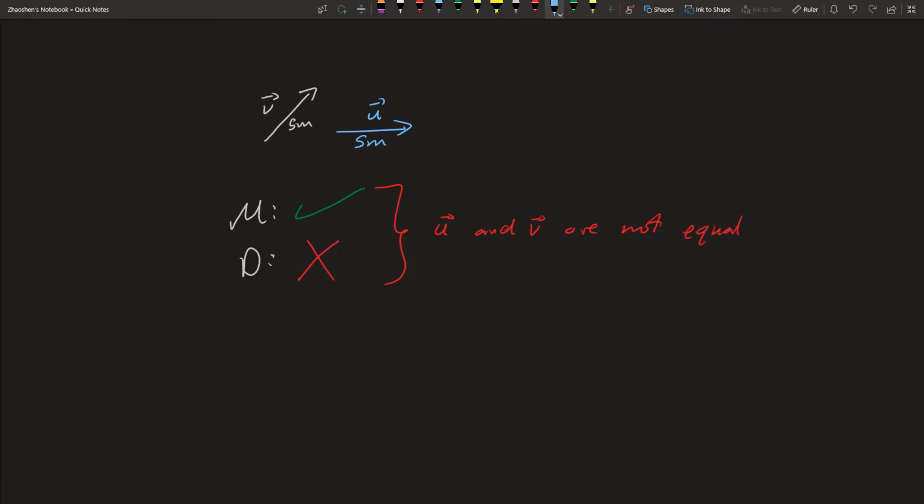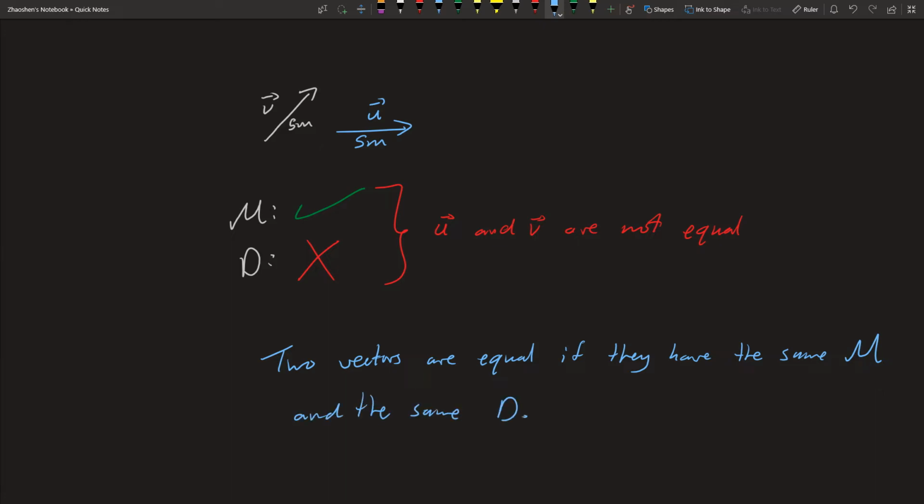Two vectors are equal if they have the same magnitude, I'll just write with m, and the same direction.